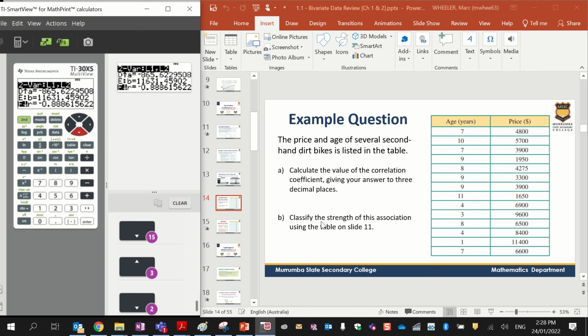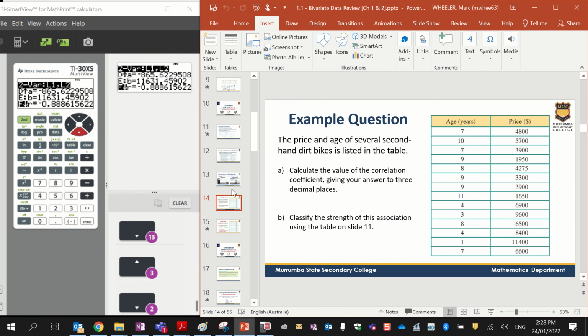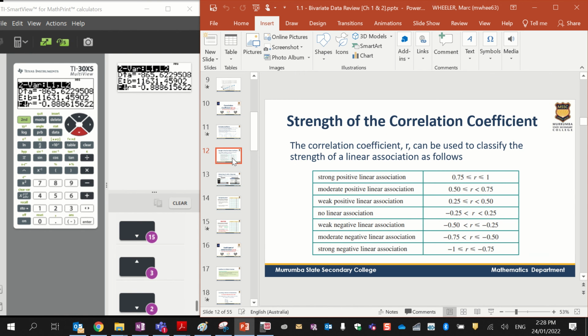Okay, and then it says B, classify the strength of this association. So I'll just skip ahead to the answers. So the correlation between the age of dirt bike and price is strong. How do we know it's strong? Well, you just go back a couple of slides up, and you see anything between negative 1 and negative 0.75 is a strong negative linear association.